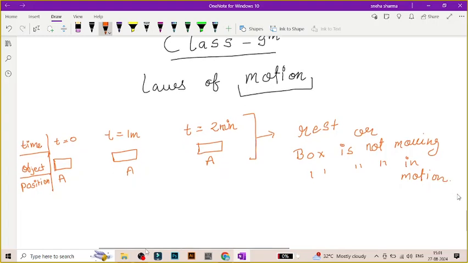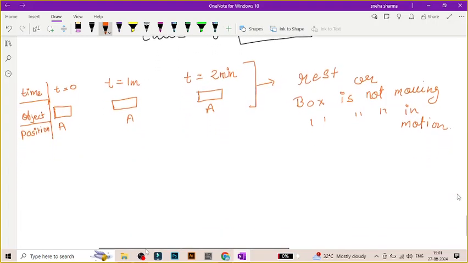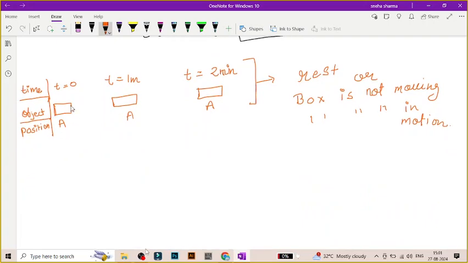Similarly, we take the example of another box. This is the orange colored box. Now we take a blue color box. So we have another object, that is the blue color box, and we take its position also with blue color.